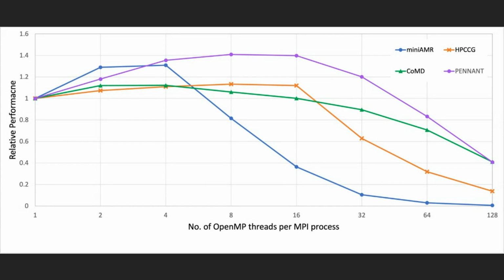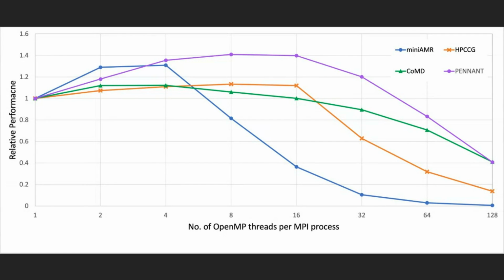All these runs are on a fixed number of nodes, 8 nodes, so that's 1,024 cores. I'm keeping the total number of cores fixed and varying the number of OpenMP threads per MPI process from 1, which is essentially pure MPI, up to 128, so just 1 MPI process per node and 128 threads.